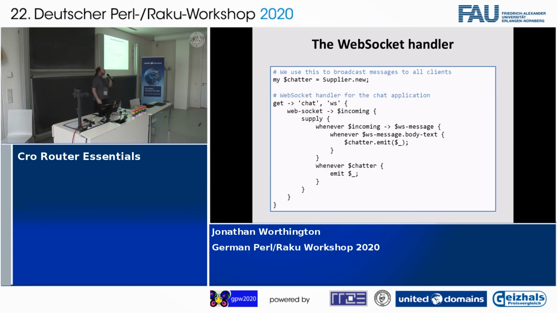Here is the backend. So we're going to have a supplier, which is basically a way of doing publish subscribe. And we're going to get a request, and we're going to upgrade it using the WebSocket plugin. And this gives us a supply of incoming messages. Then we'll say, whenever we get an incoming message from the WebSocket, and whenever we get its text, send it on this supplier.